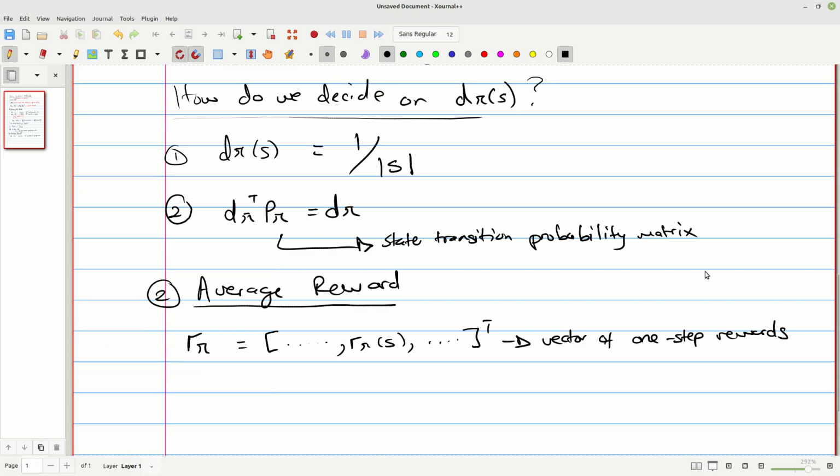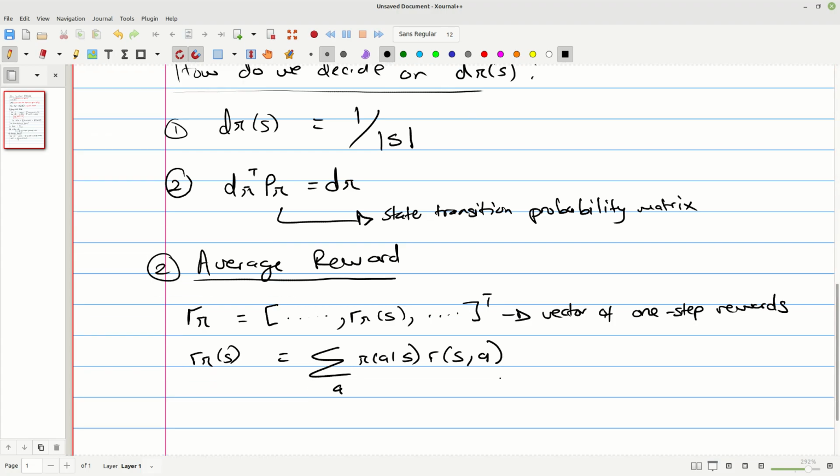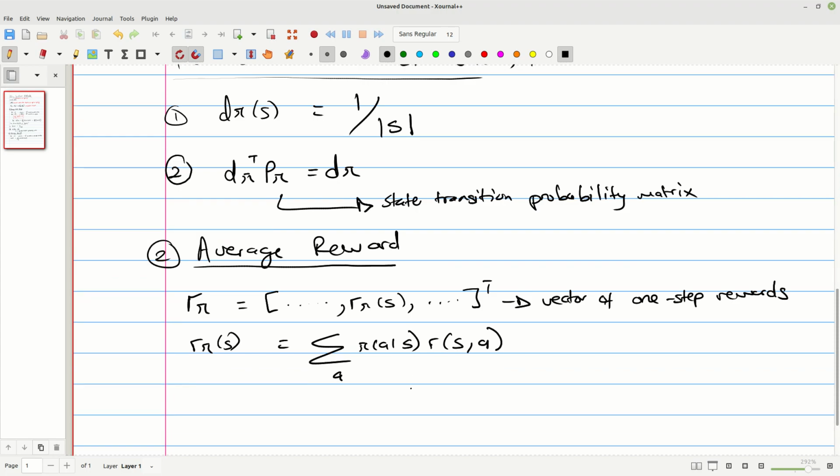Essentially what we do is we take this vector, let's say r pi of s, which is equal to the summation over all actions of pi of a given s times the reward of s comma a. This is essentially the average of our one-step rewards, because if we're in a particular state, there are different probabilities of taking actions and different rewards associated with those probabilities. So this is simply a weighted average of our one-step rewards.